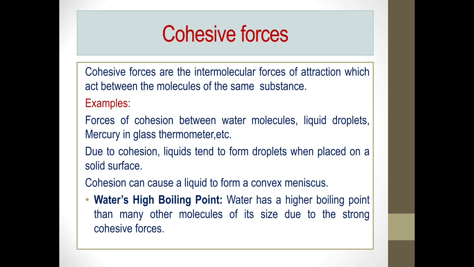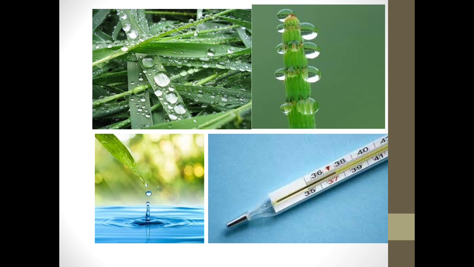And water is a highly cohesive liquid and it is said to possess a high boiling point. This is because they have a stronger cohesive force or stronger intermolecular attraction. This cohesive force also affects properties like surface tension. These pictures are collected from the internet.